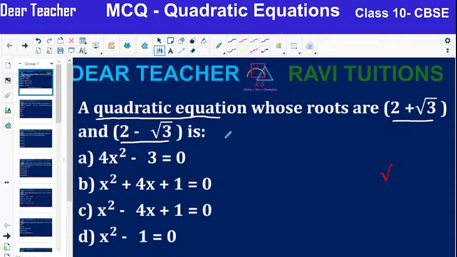You can do it in n number of ways, and one easy thing I will be giving you. Let us say alpha is equal to 2 plus root 3 and beta is equal to 2 minus root 3.